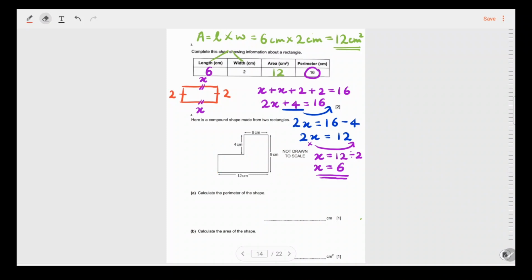In order to find the first missing length, we look at all of the horizontal lines. So we know that this length plus 6 is equal to 12 because it's the same distance. So 6 plus 6 is what is equal to 12. So this can help us tell that this length is 6 centimeters.